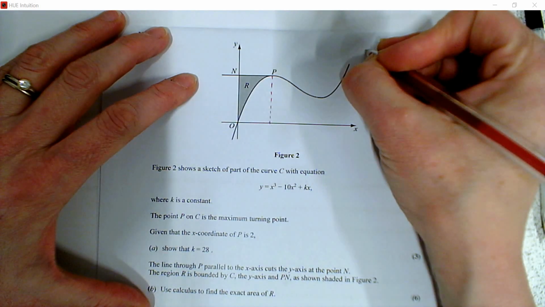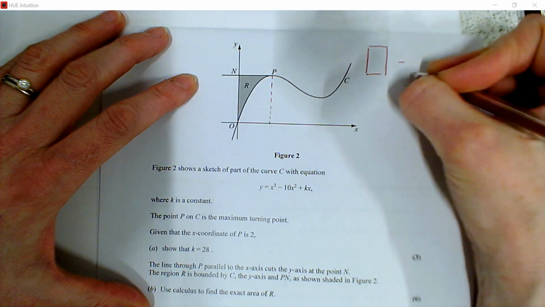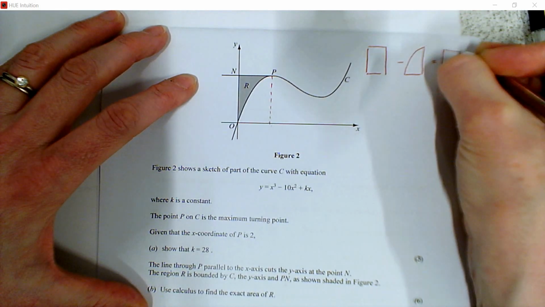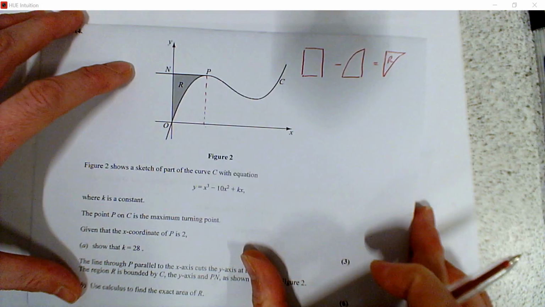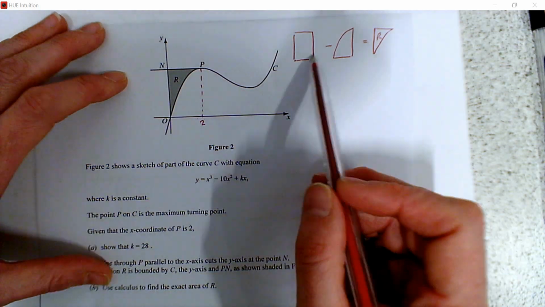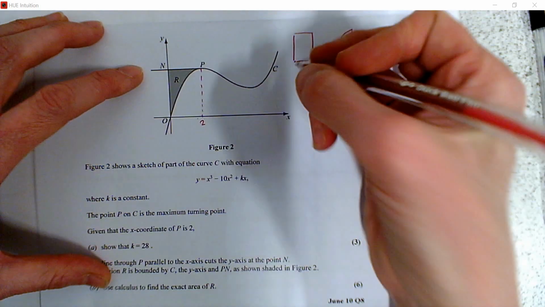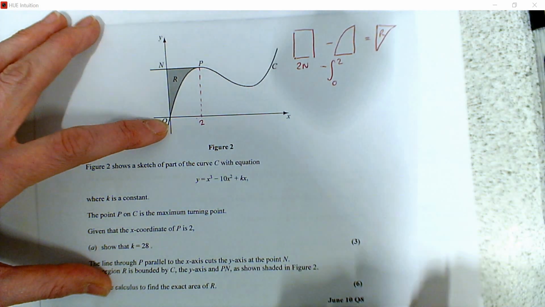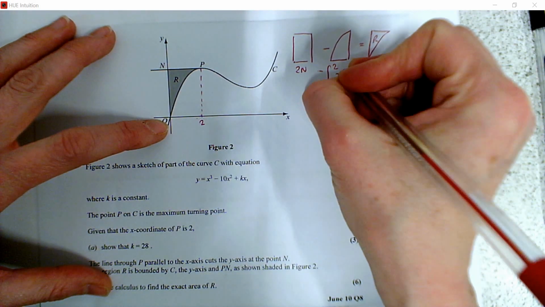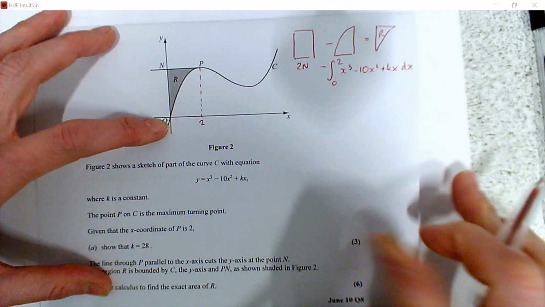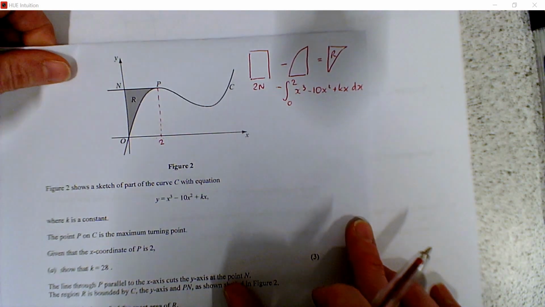Okay, so we could do rectangle minus the curve, and that would give us the bit we're after. And so you'd use these as your limits. It says the x-coordinate of P is 2, so we know that's 2. So to find the area of the rectangle, we do 2 times n. And then we're taking away the integral from 0 to 2, and it's this equation, so x cubed minus 10x squared plus kx. That's the equation of this curve.